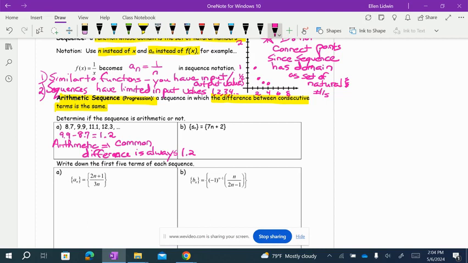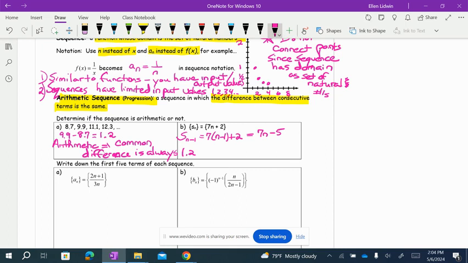To find out if it's arithmetic, you have to look at the term either right before or right after it. So we look at the one before it and call it S sub n minus 1. Therefore, it's 7 times n minus 1 plus 2, which gives me 7n minus 5.